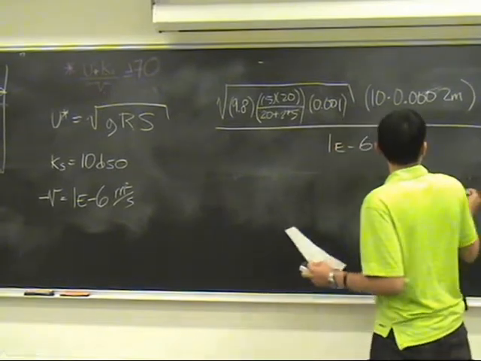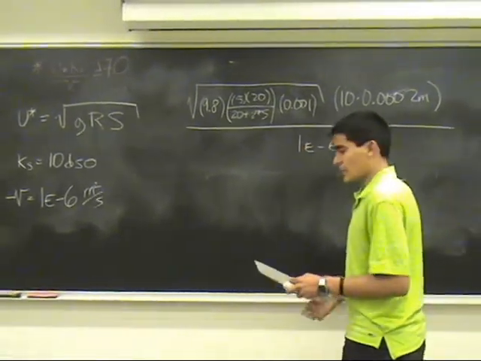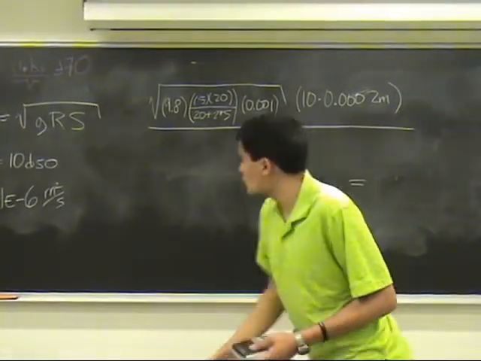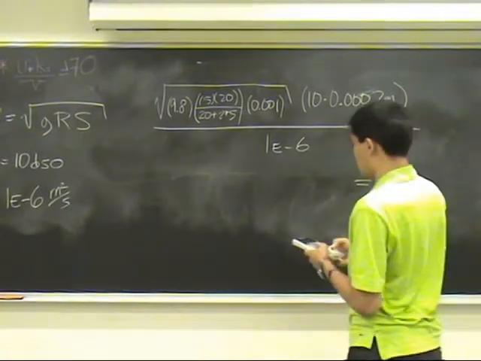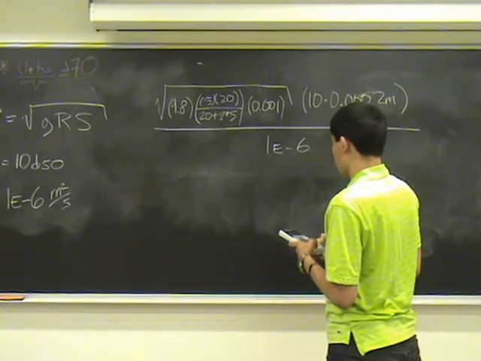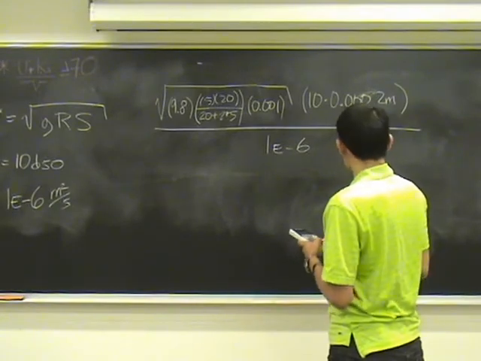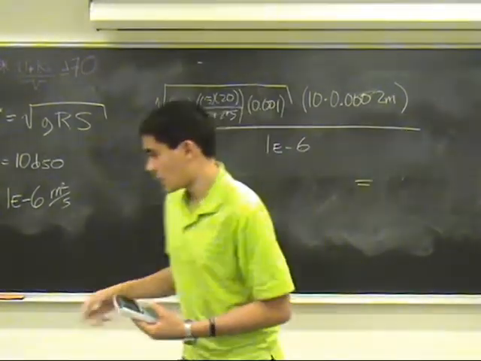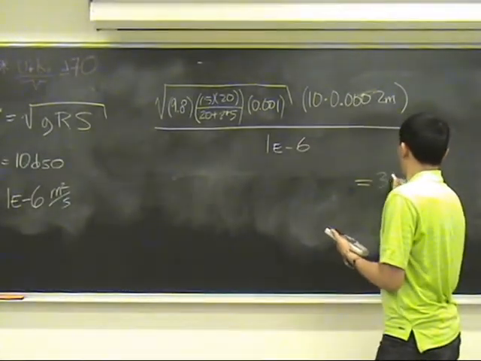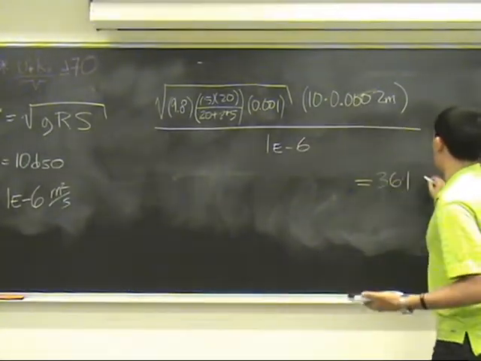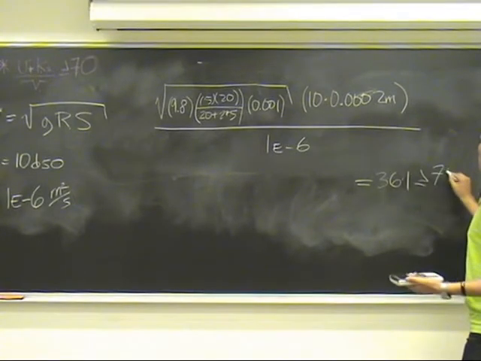So if we calculate this, let's try to do it in a calculator. I'm going to start with the hydraulic radius. I get a value of 361, so that is bigger than 70.